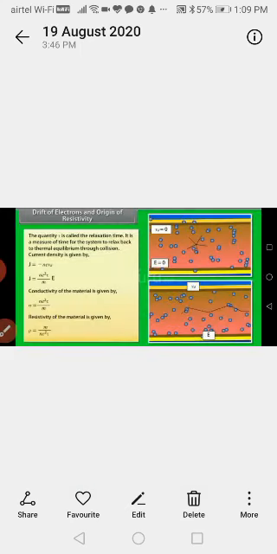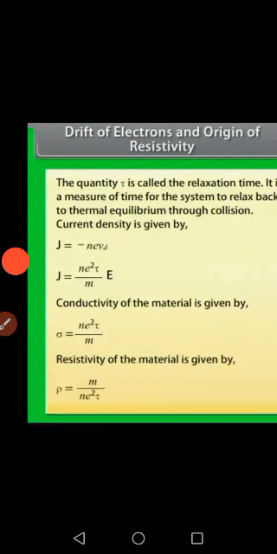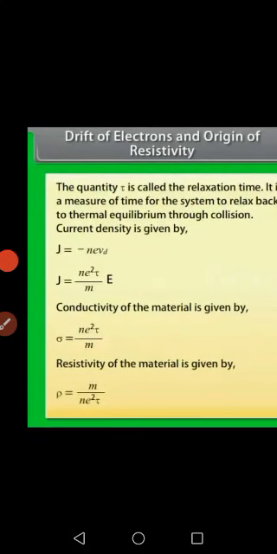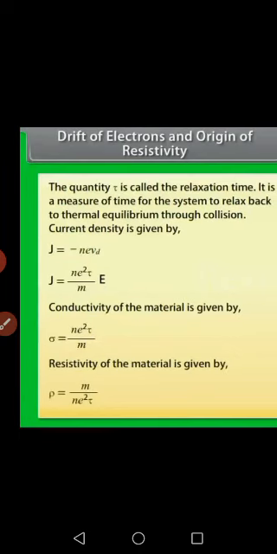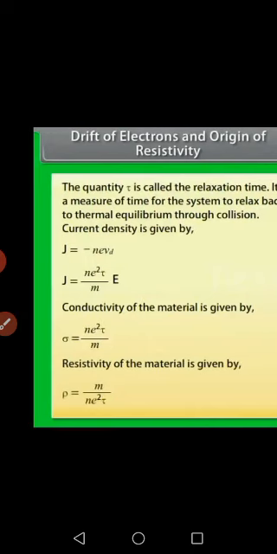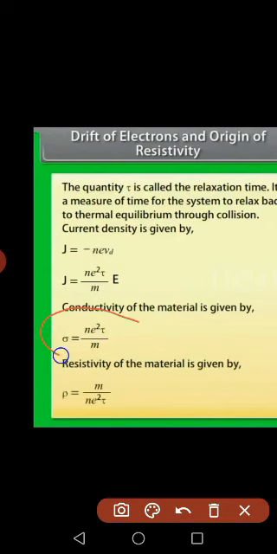Okay, now you can see some of the formulas related to the kinetic theory of solids. Here you can see the direct relationship between tau and sigma. Tau is the relaxation time, and if the tau decreases, sigma also decreases, because this n e squared over m is a constant term.